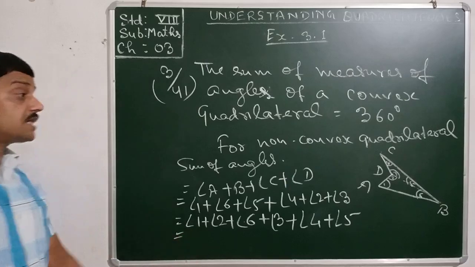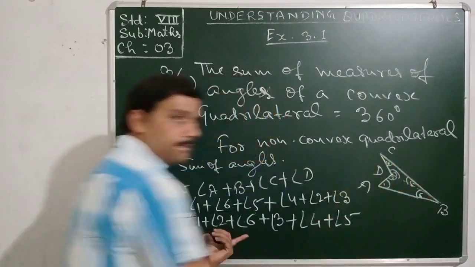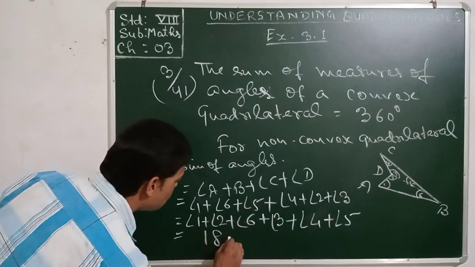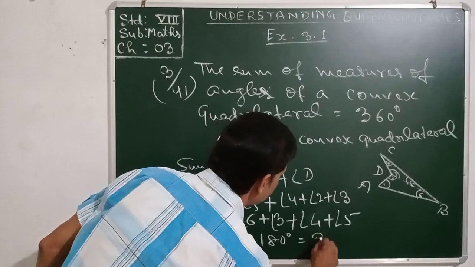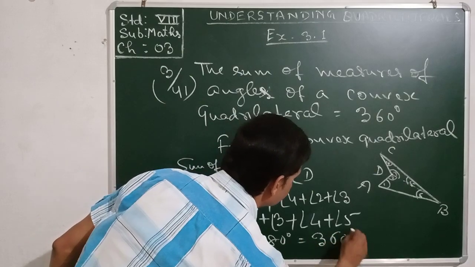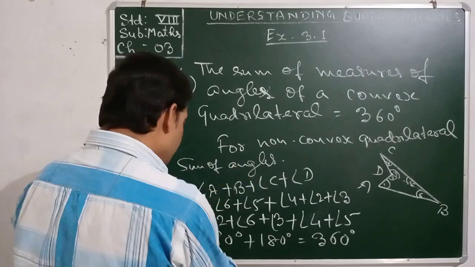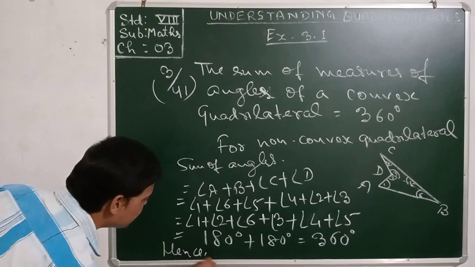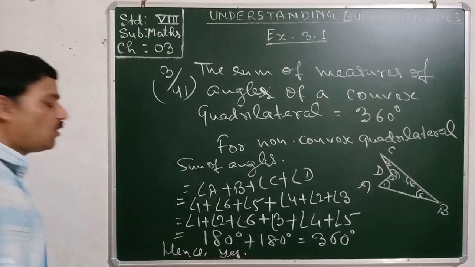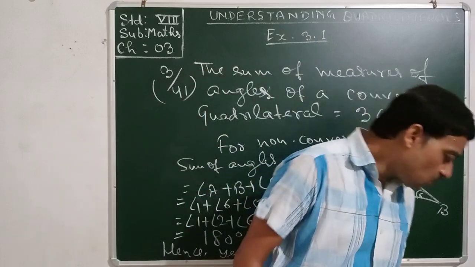If you take the sum of all of them, this appears to be 180 degree, this appears to be 180 degree. So 180 degree plus 180 degree equal to 360 degree. So finally we can write, as I am lacking space here, the final will be hence yes. For non-convex also this property will hold true.